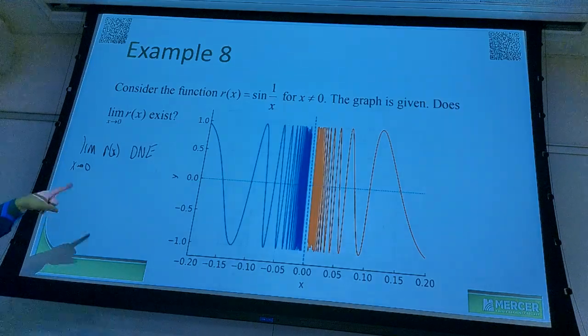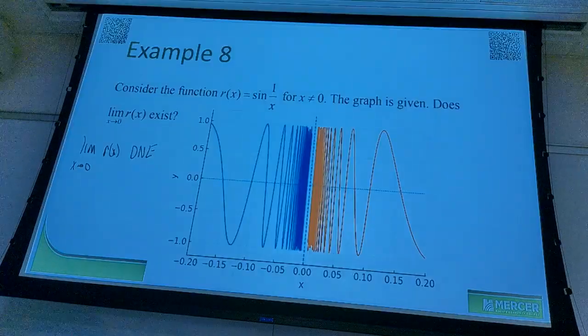Right, so notice it's never actually stabilizing out to anything. It keeps bouncing between negative and positive on both sides. So the limit does not exist. Intuitively, that is what the limit is.